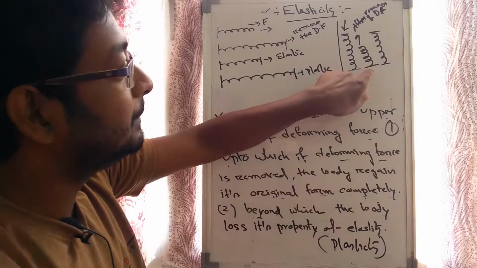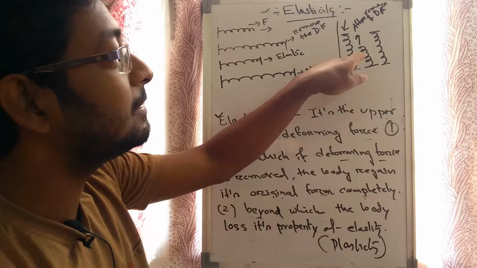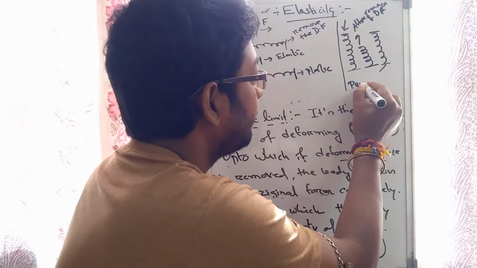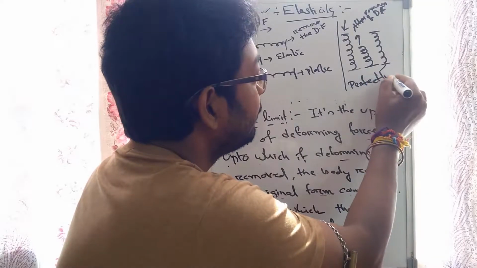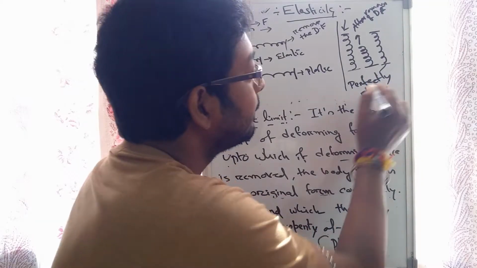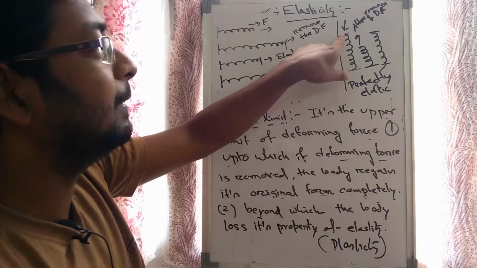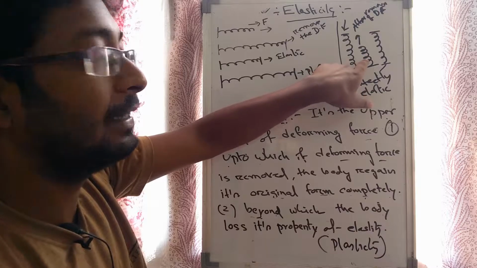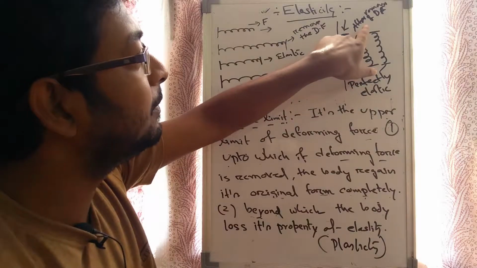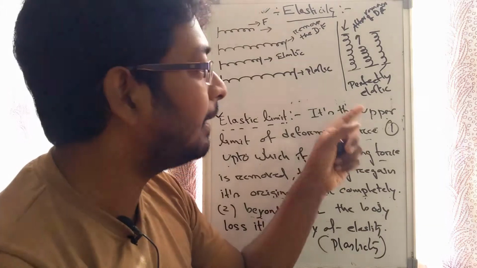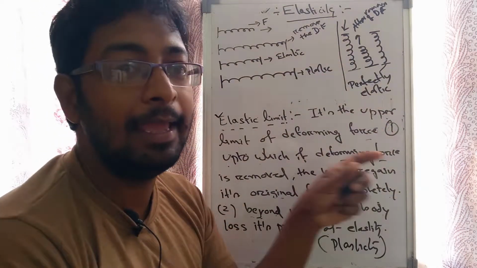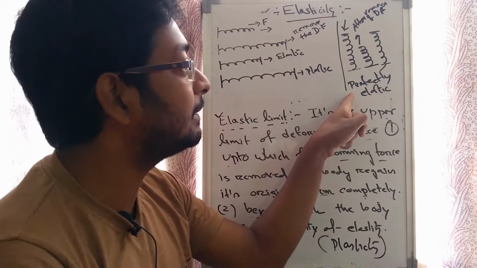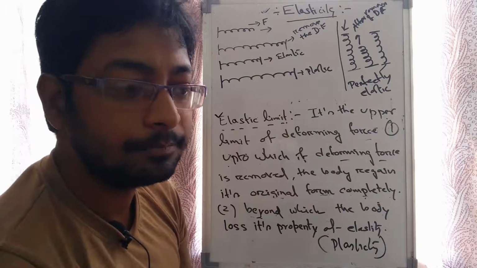So if any object exactly regains its original size, then we can say this is perfectly elastic. Understood? So when I apply some deforming force to the spring, its length is reduced. Then after removal of the deforming force, if the spring again completely regains its original configuration, then we can say this is perfectly elastic.